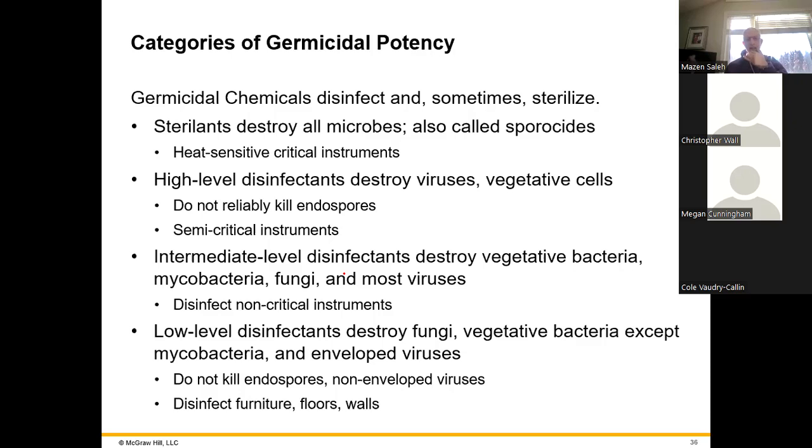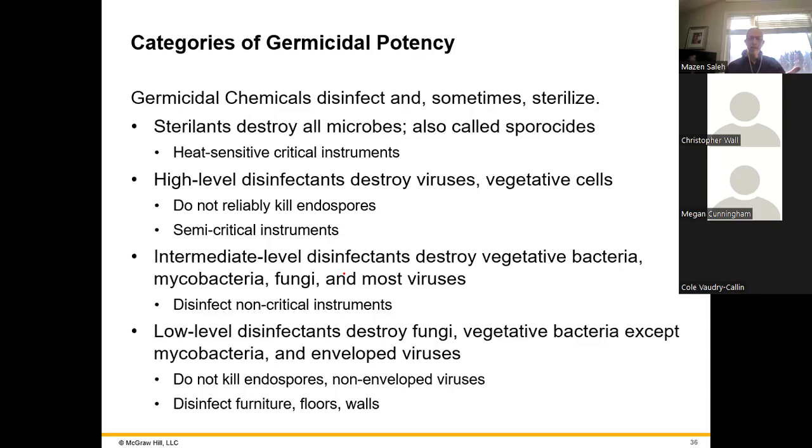Obviously, if they have plastics, you cannot use heat, right? So you can use these sterilants quite effectively.